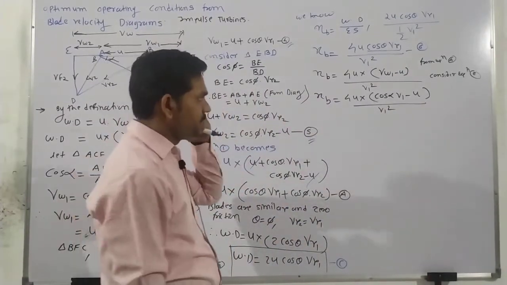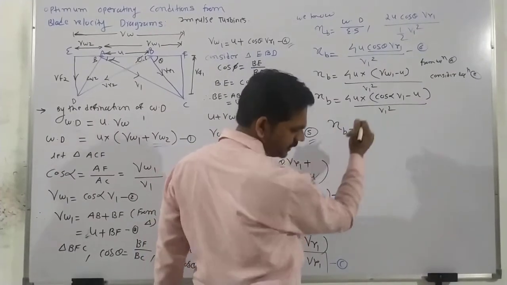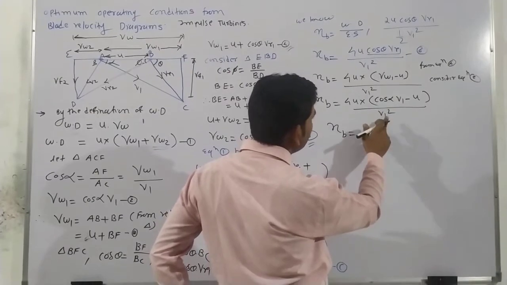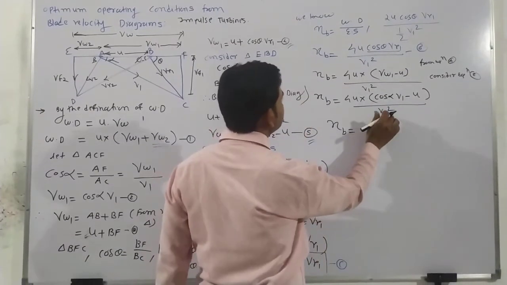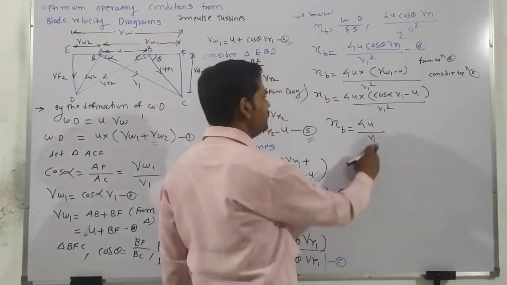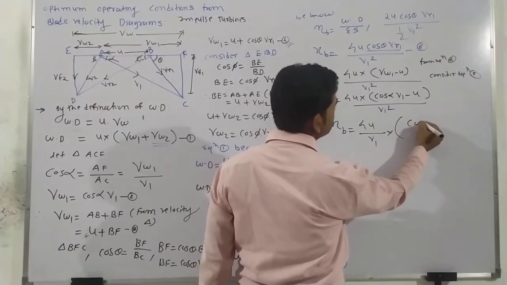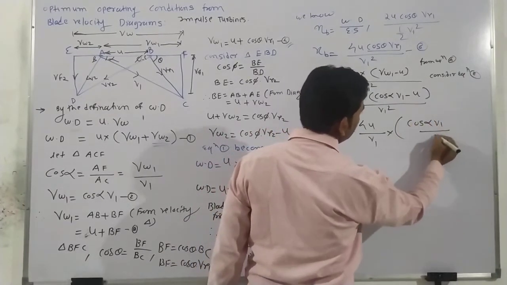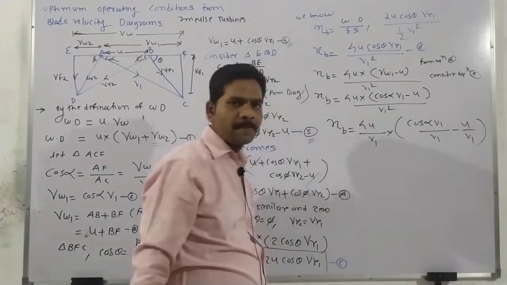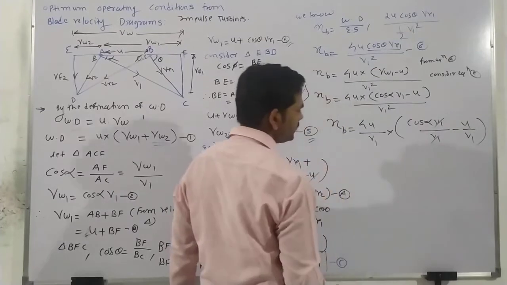Then here is simple mathematics we have to do: take the common U, and adjust the V. If you adjust, 4U upon V1 into cos alpha V1 upon V1 minus U upon V1. So here this V1 is cancelled. What is remaining?